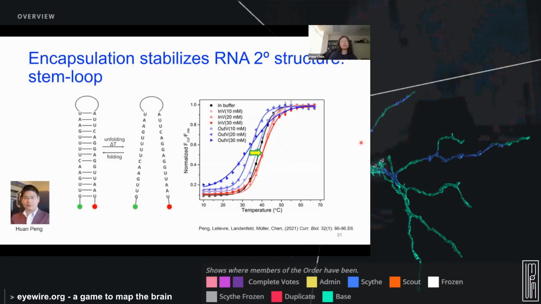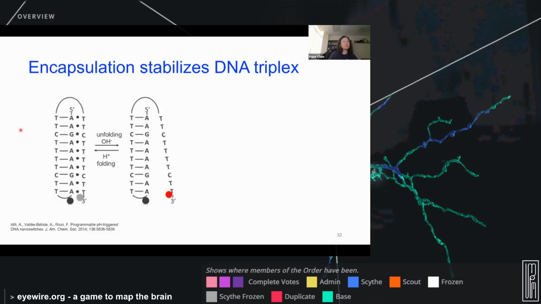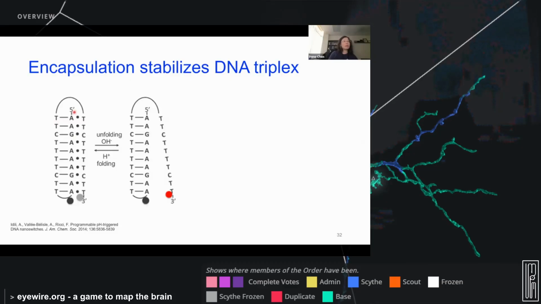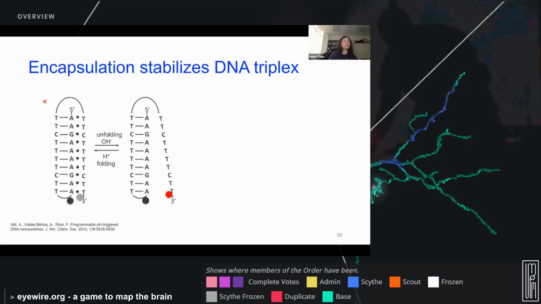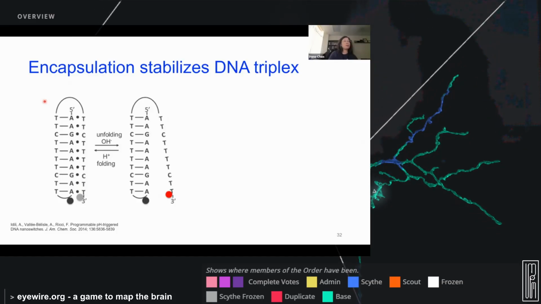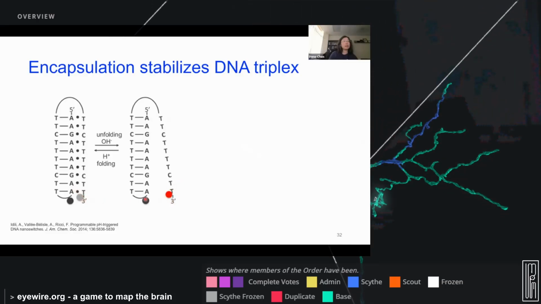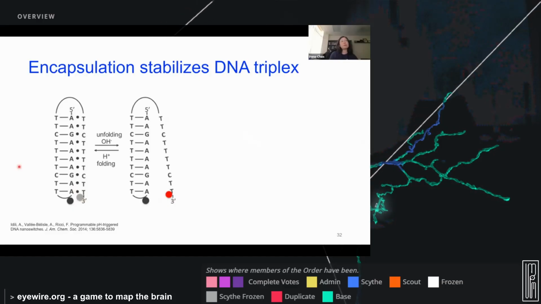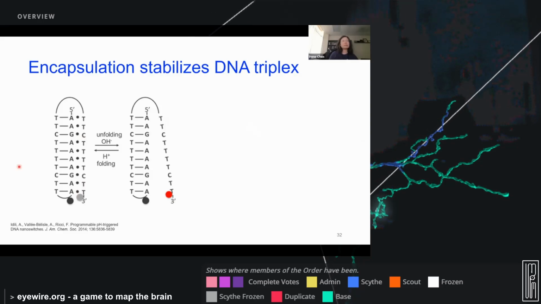Then we looked at this pH switch, which was already reported in the literature as pH-sensitive triplex formation, which can be monitored by quenching and unquenching of a dye attached to the 3' end. We looked at the pH that was required to cause unfolding of this triplex.